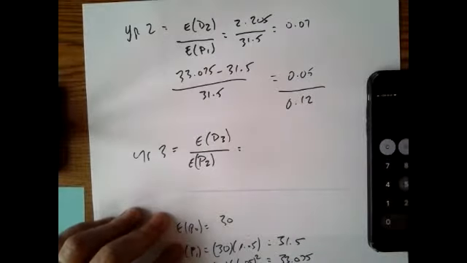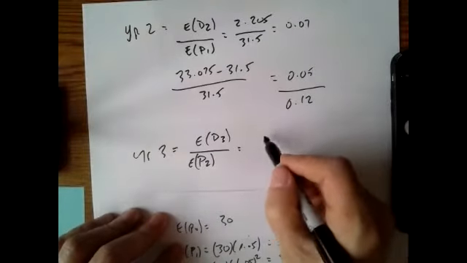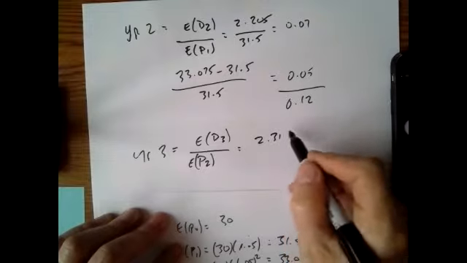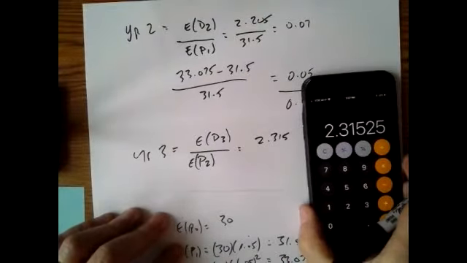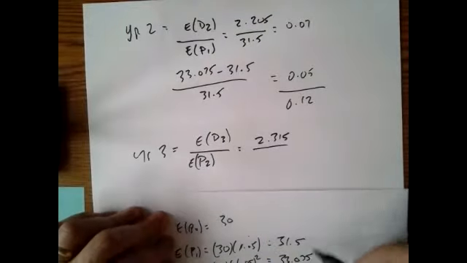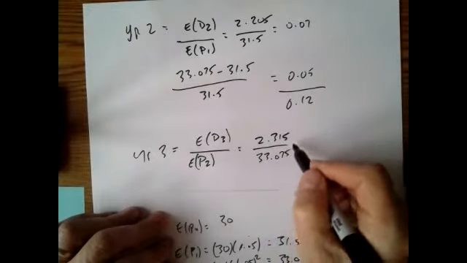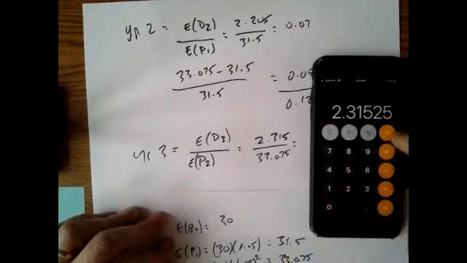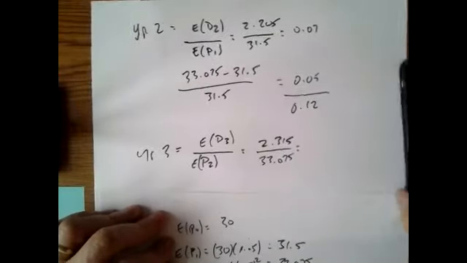Times 1.05. There we go. 2.315 and some change. I'm not going to write it all up, but I'm going to leave it in my calculator so that I don't lose the decimals. Divided by 33.075 gives me 0.07.